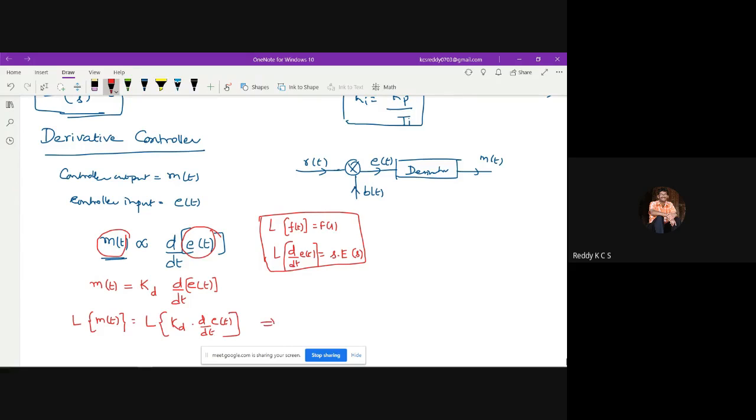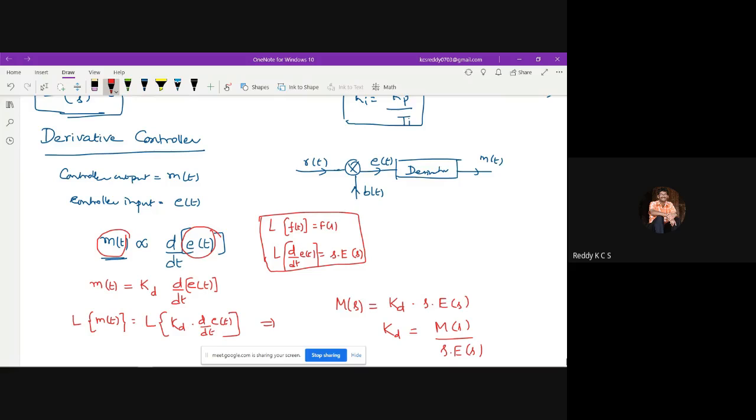By looking at these two formulas, I can write m of t as M of s, and Kd is a constant, and d by dt of e of t is equal to s into E of s. So now I can write Kd is equal to M of s divided by s into E of s.